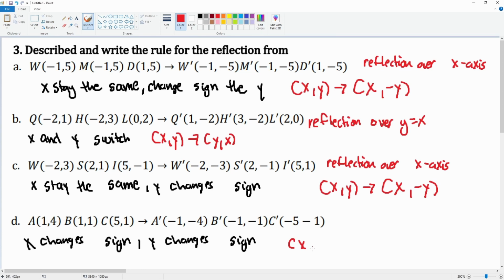This is X comma Y arrow -X comma -Y. Not sure if this has a particular reflection per se. So this one actually has a special name. This is a reflection over the point 0, 0, which is just the origin. All right, there you go.